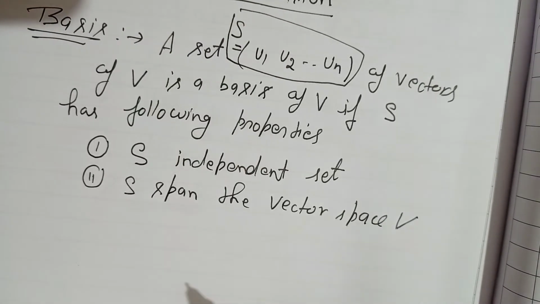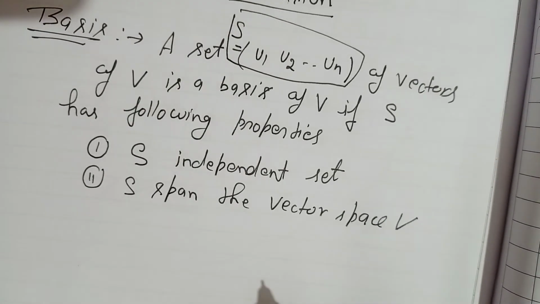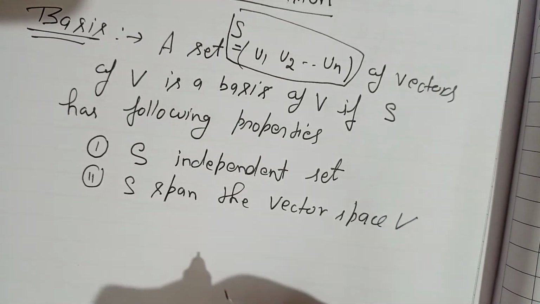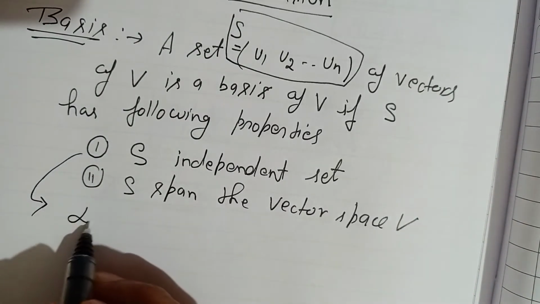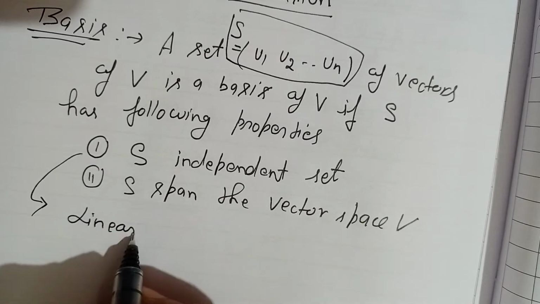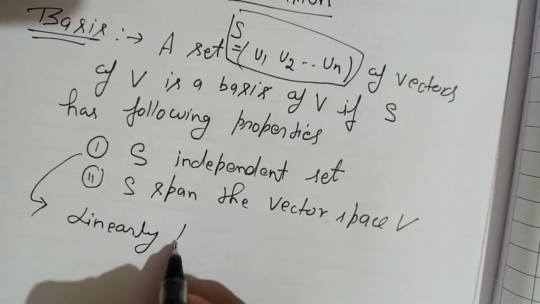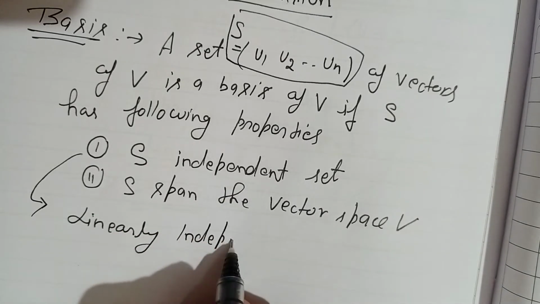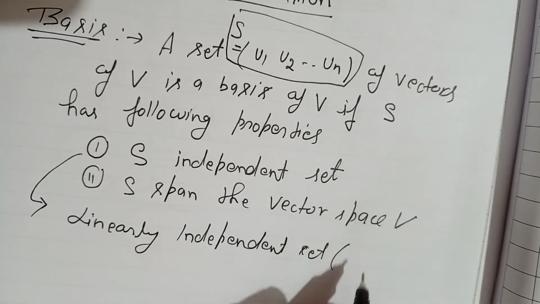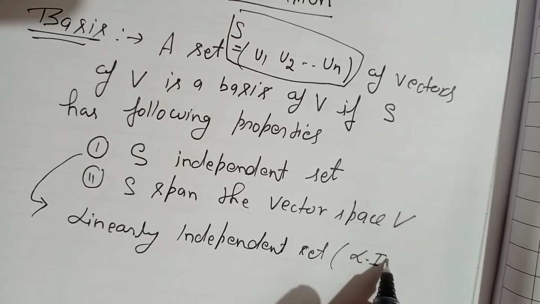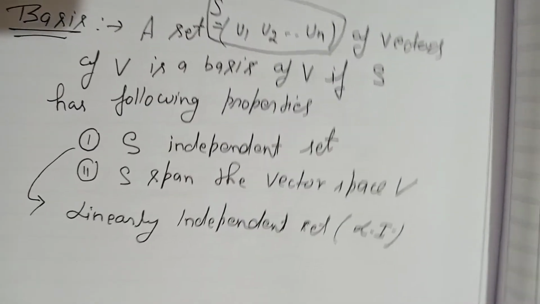S is the linearly independent set and S spans V. Let us explain both one by one. First, the linearly independent set. In short form we say LI set. So what is the LI set?